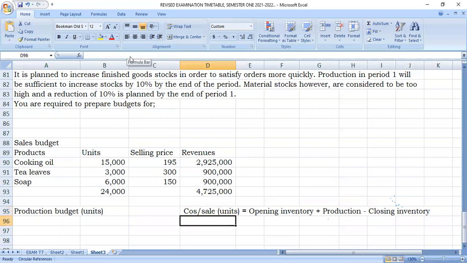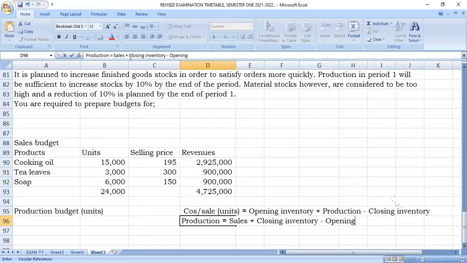So if you're given this, then for production, if I make it the subject, it is equal to our sales, then I add closing stock or inventory, then I deduct opening inventory.